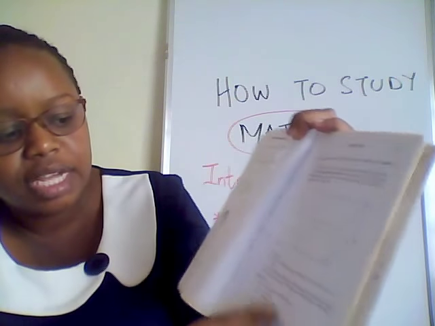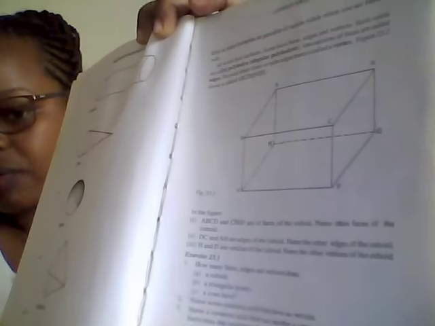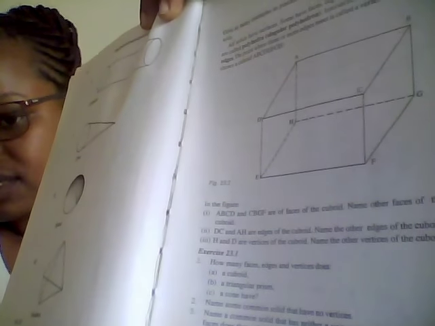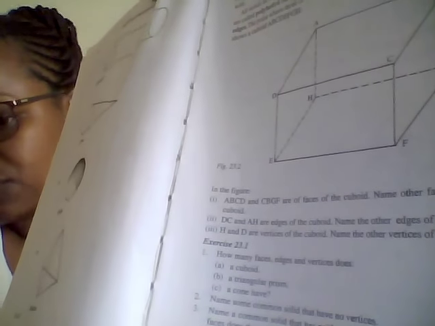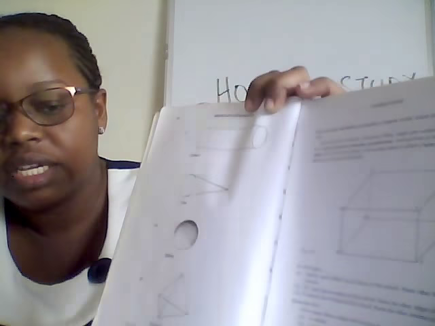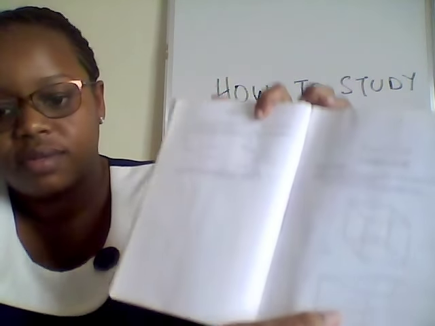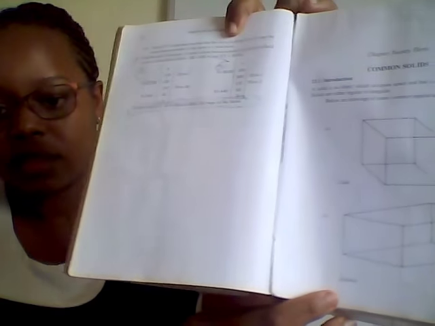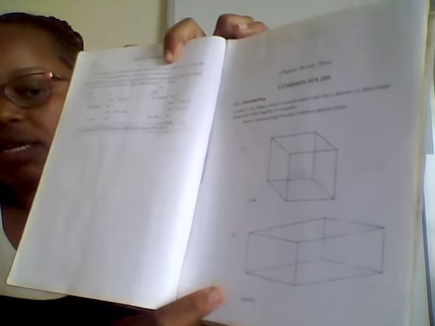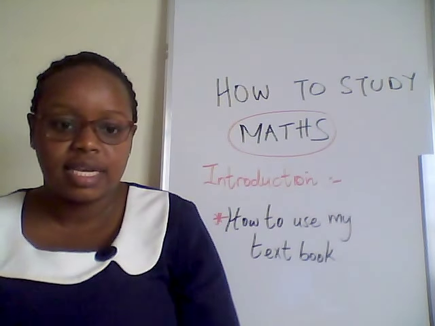So by the time I get to do an exercise that is down here, telling me how many faces, edges, and vertices does a cuboid have, I can actually go back to what a cuboid was. This was their cuboid, and I've actually given the name, the cuboid, and I can actually use it to do the examples that are here.